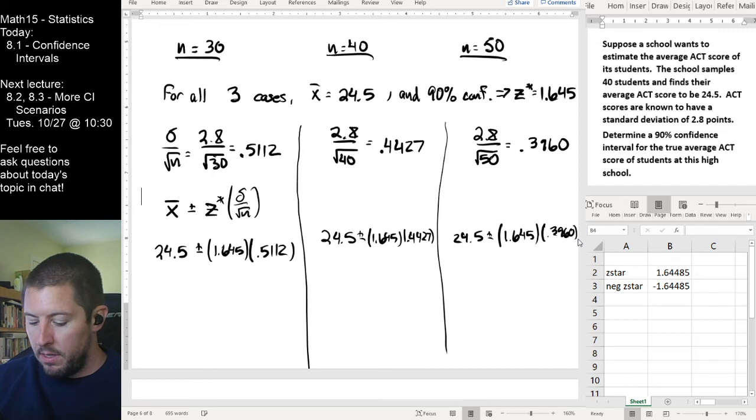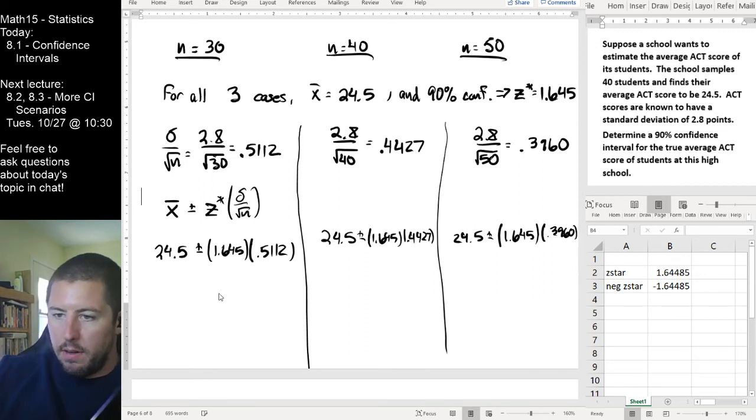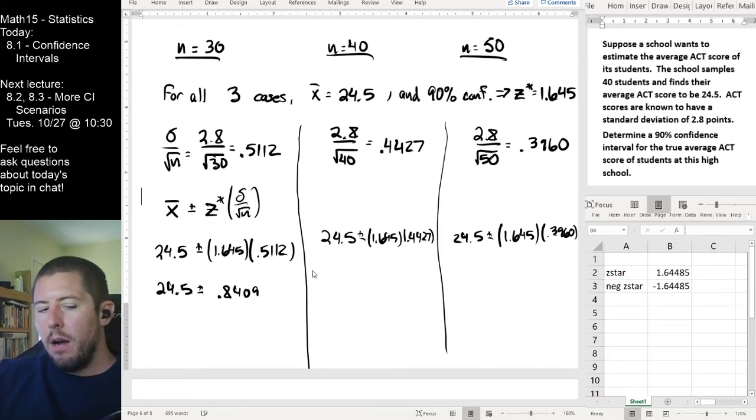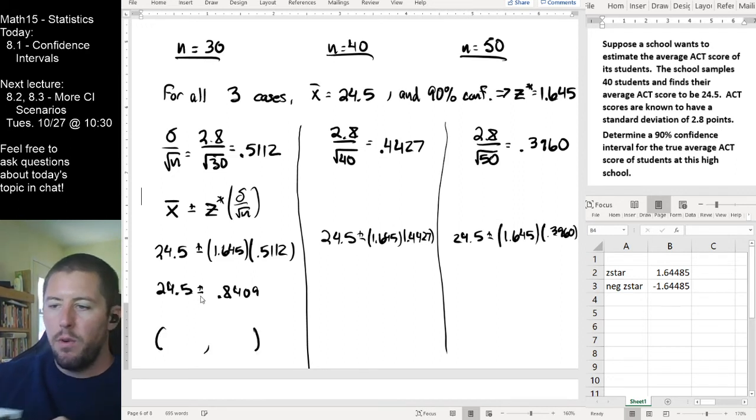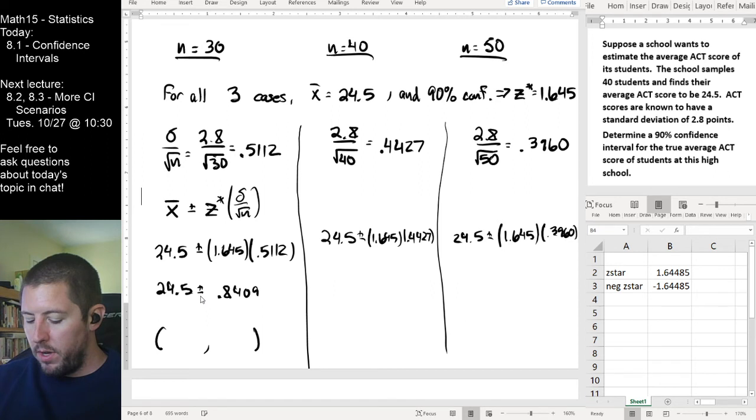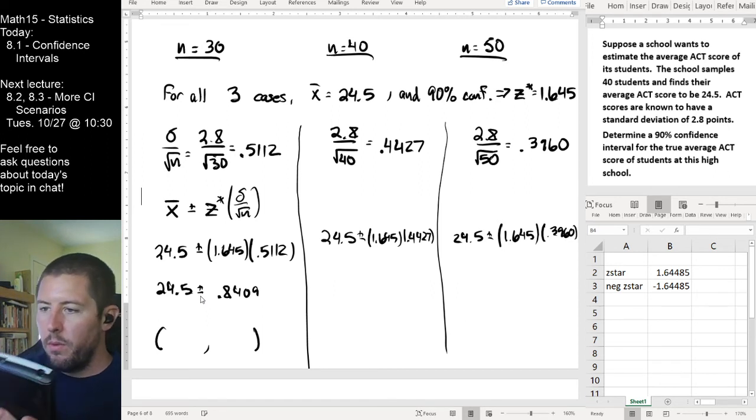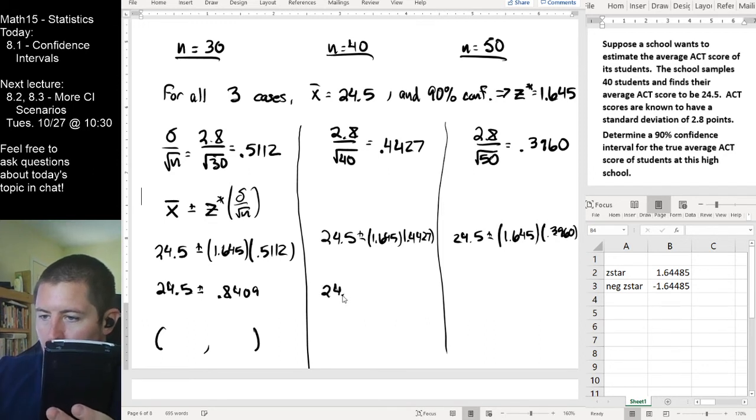I'm going to go to my calculator now. 1.645 times 0.5112 is 0.8409. I'm going to leave these in this format, rather than going all the way to the interval. I think the interval is better for seeing the upper and lower bound, but right now I just want to make an argument about how the margins of error changed. So I'm just going to leave it in plus or minus form. 1.645 times 0.4427, the one we already saw, gives 24.5 plus or minus 0.7282.